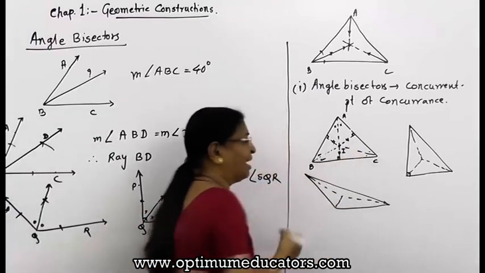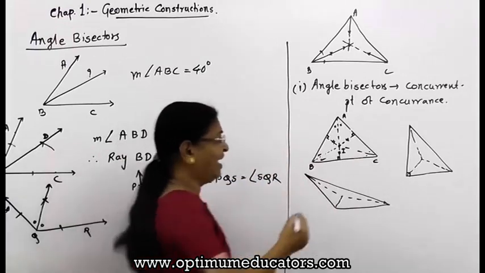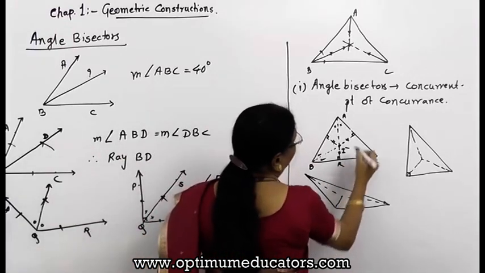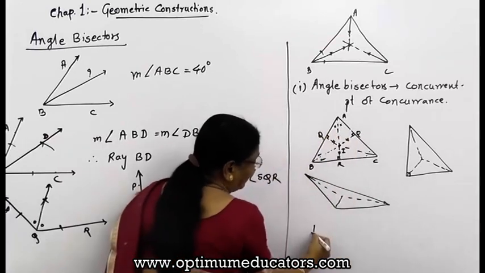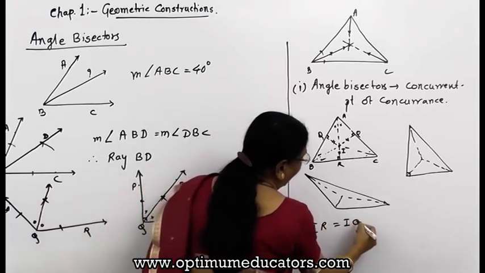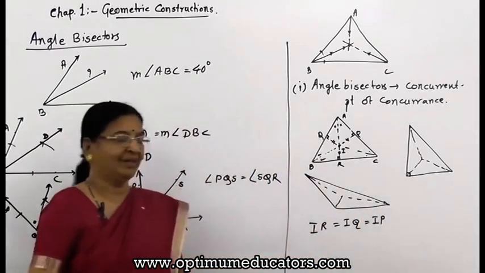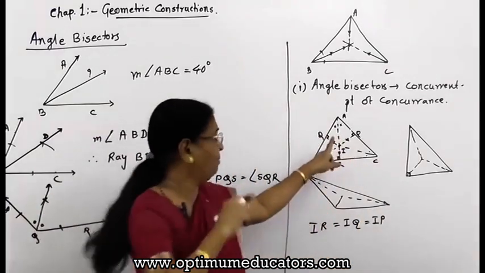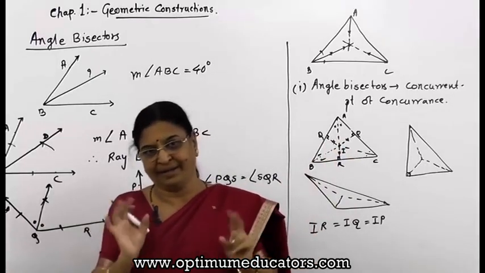Suppose I mark this point as I, I will tell you why I is used. And if the feet are R, P and Q, you will find that IR is equal to IQ is equal to IP. That is, this point is equidistant from all the three sides.